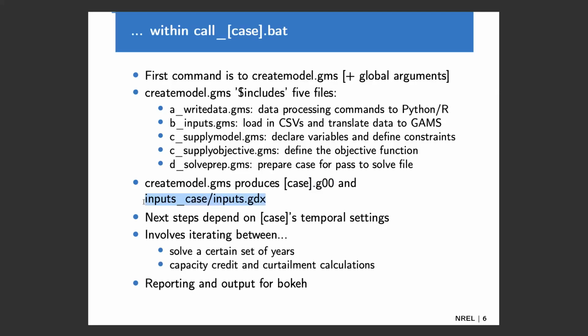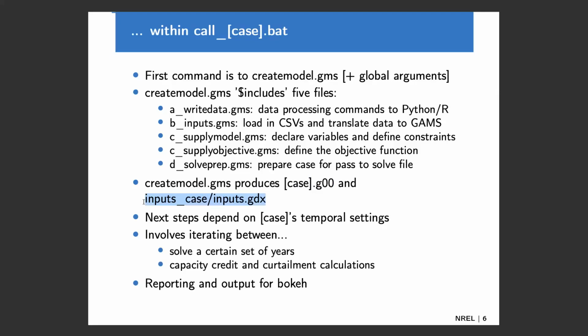Next steps: after we have this G00 restart file, we restart from that, but the next steps that occur in the model depend on the case's temporal settings. If I run the myopic case versus the intertemporal case, the instructions that are sent to the command prompt are much different.